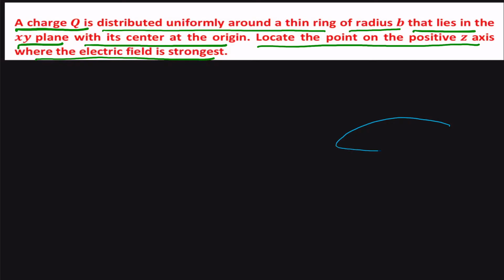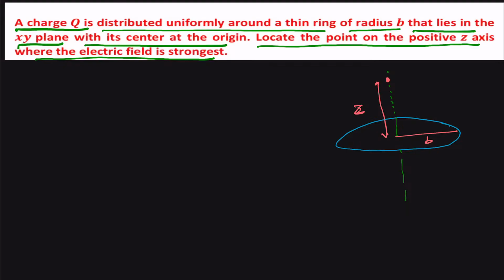So suppose this is our ring and this is the axis. The radius is given to us as b, and we have to solve it for the positive z-axis, so let us suppose this is our z.